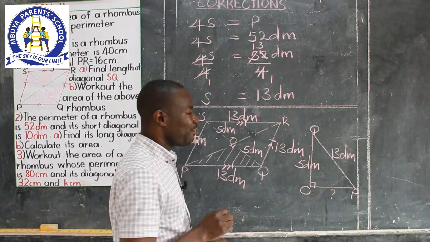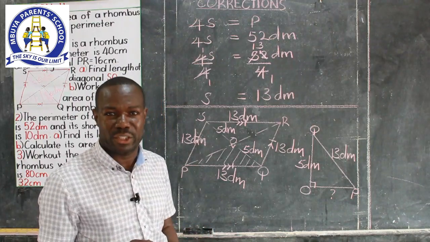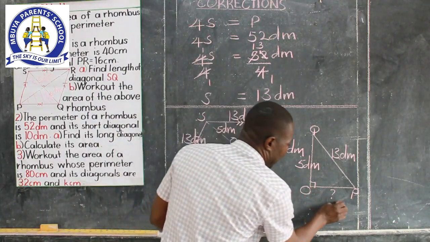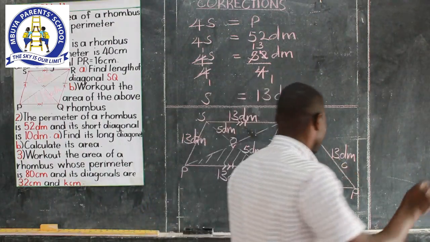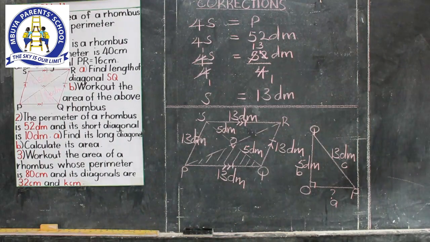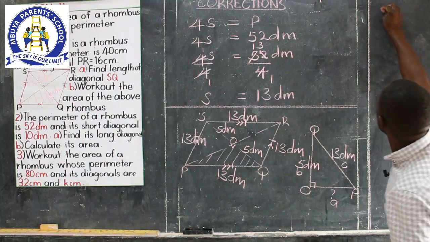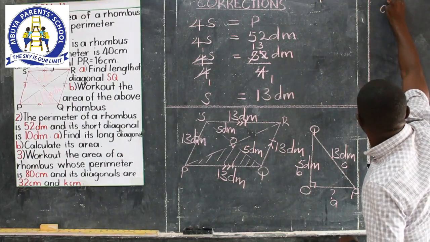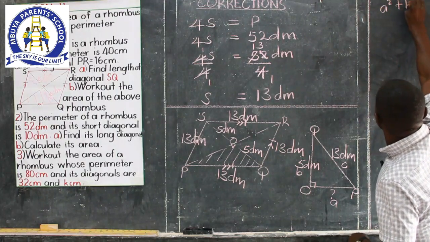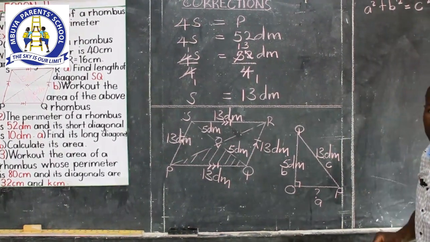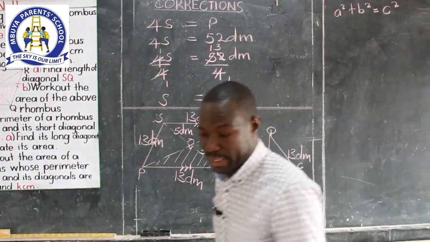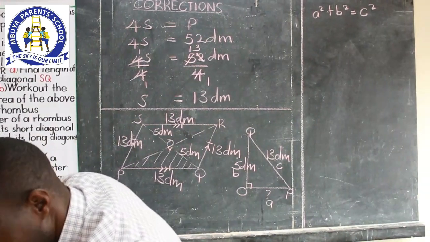So we can have the application of Pythagoras theorem, which will give us A, B, and C. So we shall have to apply the Pythagoras theorem and state the formula that A squared plus B squared is equal to C squared.